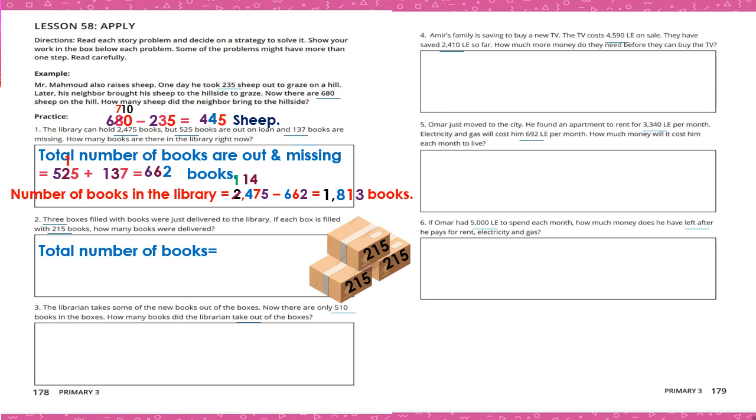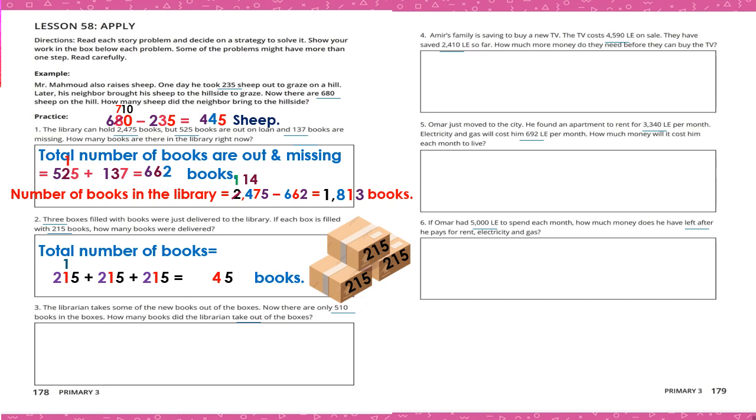Yes, plus. So to get the total, make 215 plus 215 plus 215. Solve ones with ones. 5 plus 5 plus 5 equals 15, 5 and carry up 1, or regrouping 1. 1 plus 1, 2. 2 plus 1, 3, plus 1, 4.